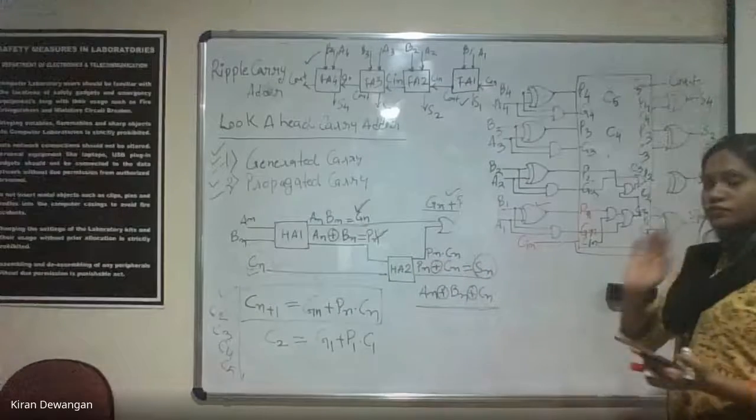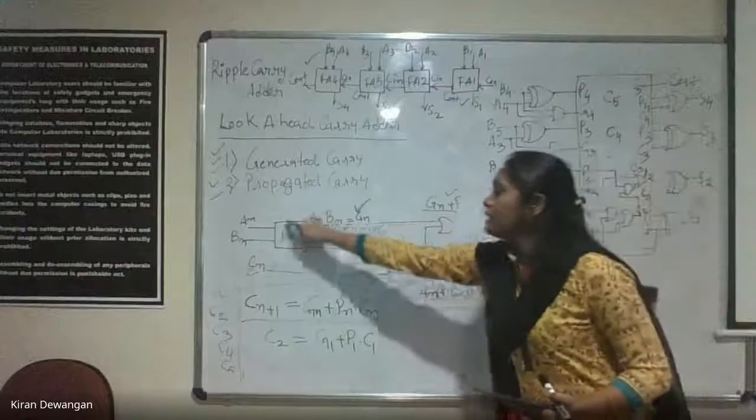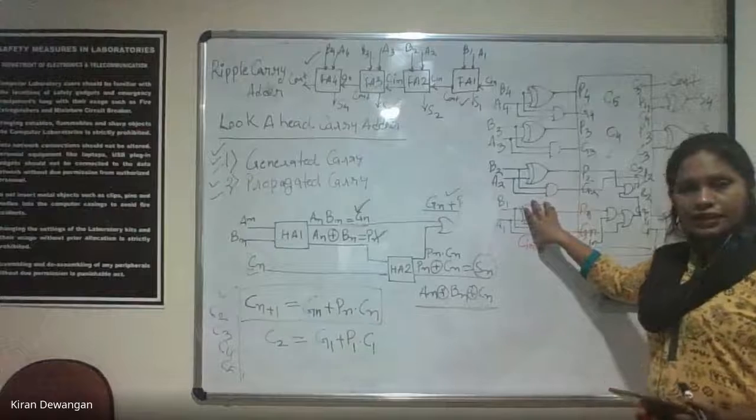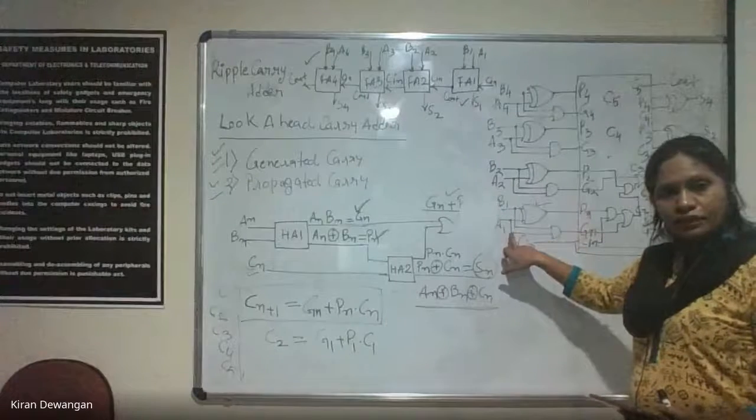See here. Look at here everyone. ये जो first part है half adder का, हमने सिर्फ यही part लिया है. This is given A1 B1 given.